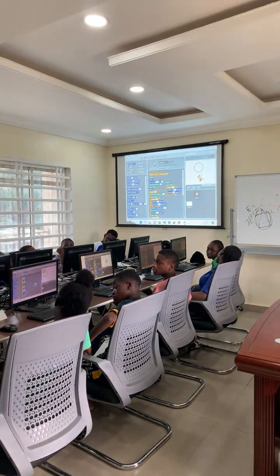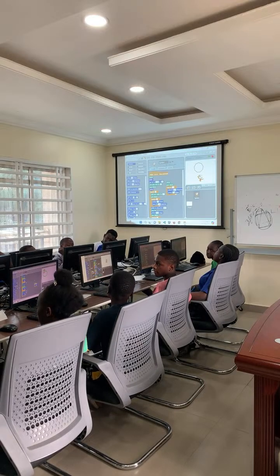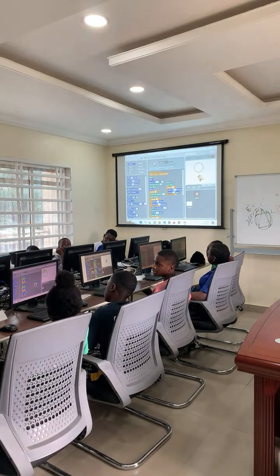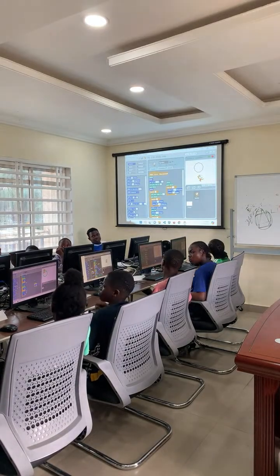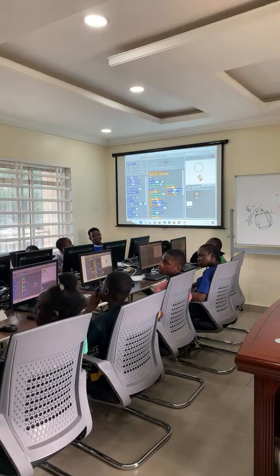So how many times did we turn? 4 times. At what degree? 90 times 4 is what? 360. So what you are telling that sprite to do is turn 360 degrees first, then move 50 steps, and we are doing it 10 times.